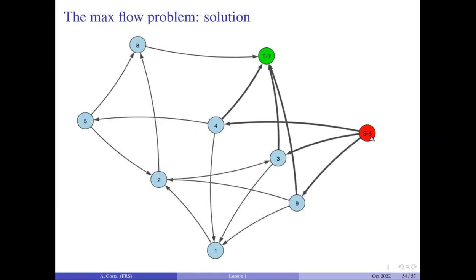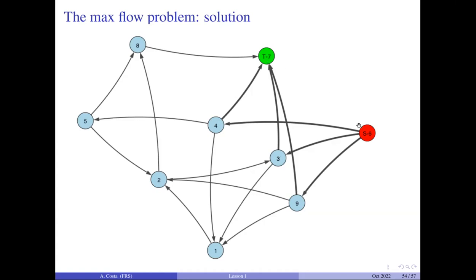It means that from the red node to node number 9, I have 10 units. Then red to 3, I have 10. And red to 4, I have 10. Then node 9 to the terminal, I have 10 units. Node 3 to the terminal, I have other 10 units. And node 4 to the terminal, I have other 10.